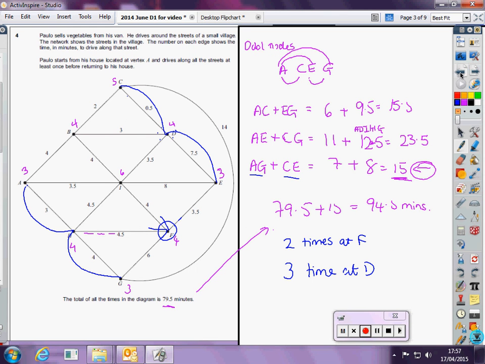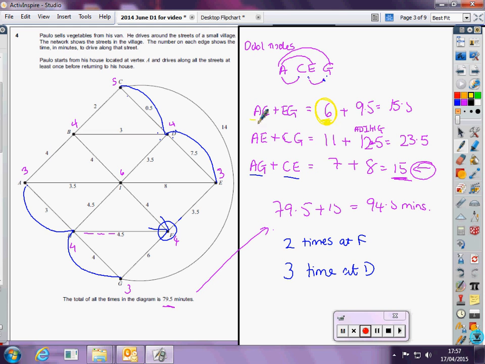Right, so that means, like I said up here, you could just make one connection and leave the other 2 as odd. By leaving them as odd, you've got a semi-Eulerian graph, which means you could start and finish at either of these if you didn't add this one in. So using the table now, you look at all these numbers and see which one is the smallest. Because 6 is the smallest, you want to repeat that one.